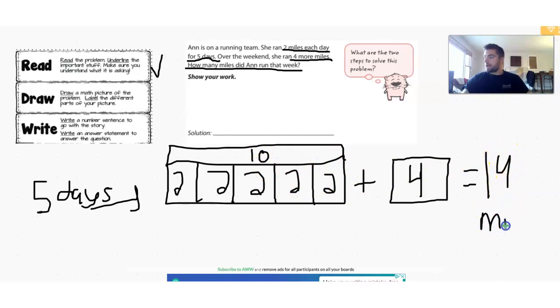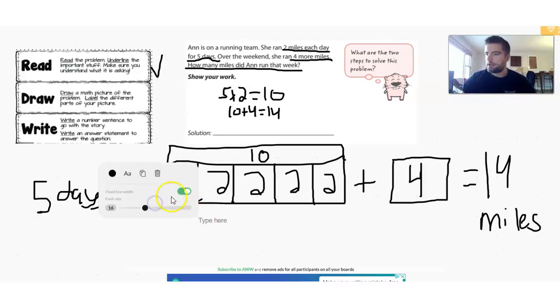So those were our 2 steps. Our first step was 5 times 2 equals 10. And our second step was 10 plus 4 equals 14. So our total here that she ran that week is 14 miles.